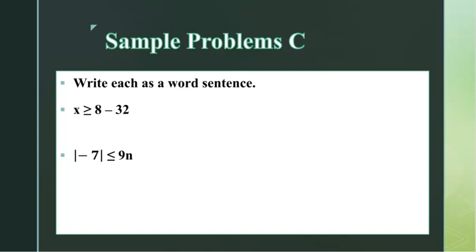Sample problem C, write each as a word sentence. So x is greater than or equal to 8 minus 32. For this one, I'll just write it the way I just stated it.